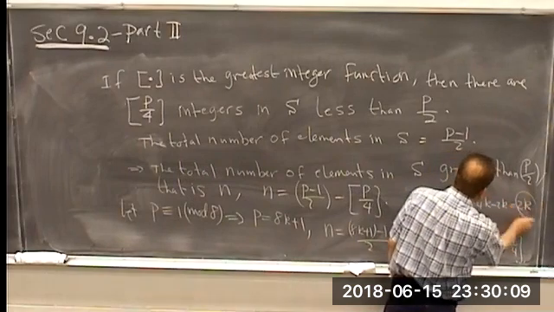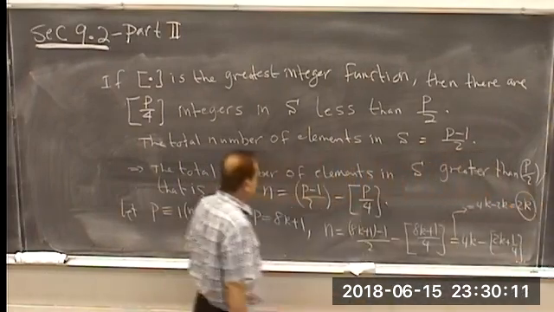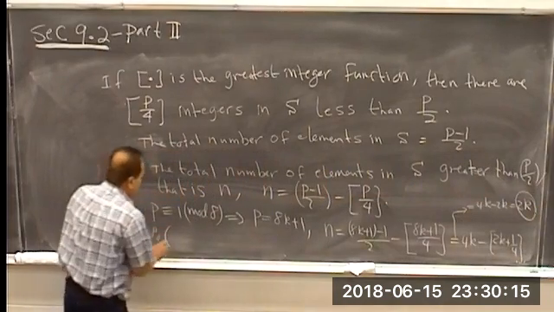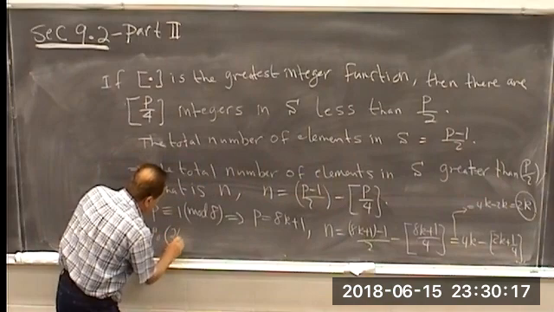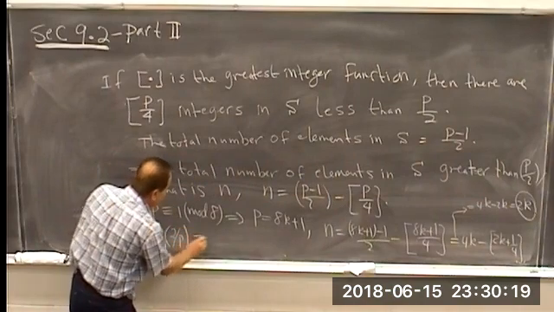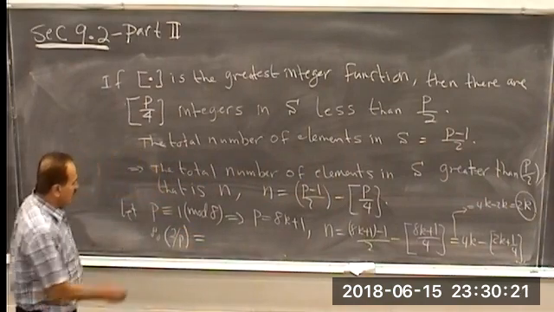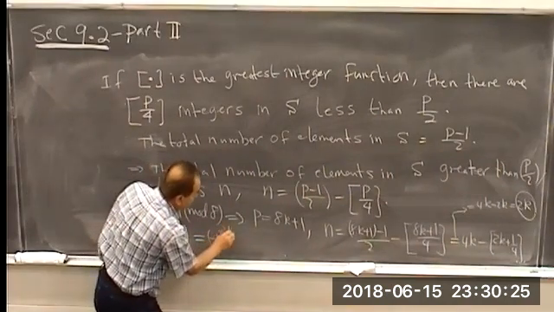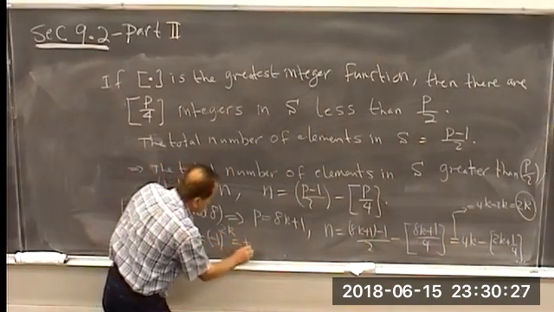So I'm going to come up with an even number. Therefore, the Legendre symbol for this, as the theorem is saying, is going to be equal to (-1) to the 2k, and this is equal to positive 1.